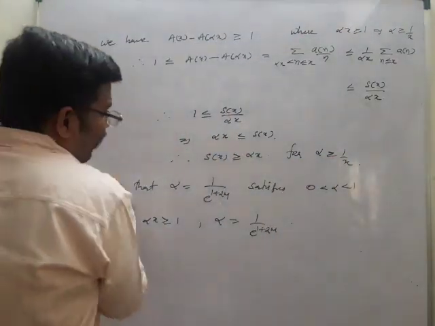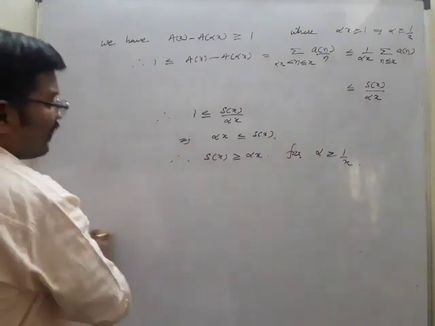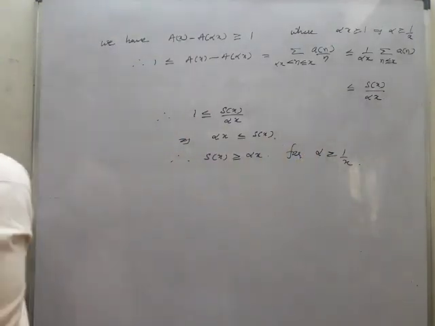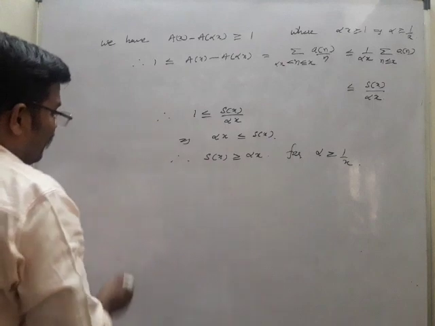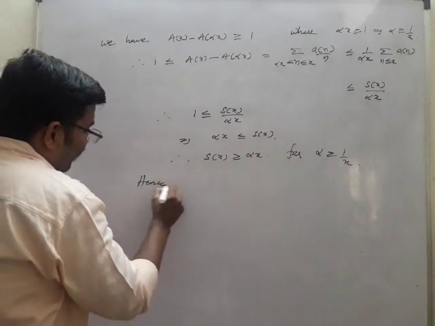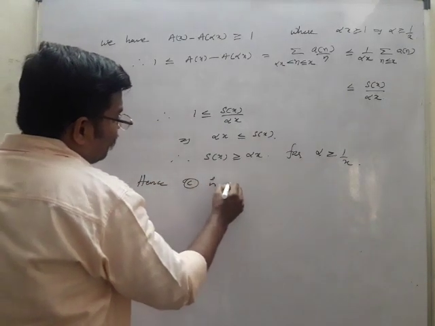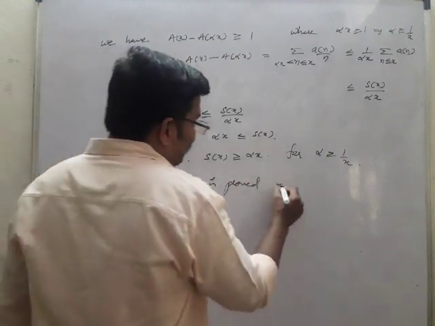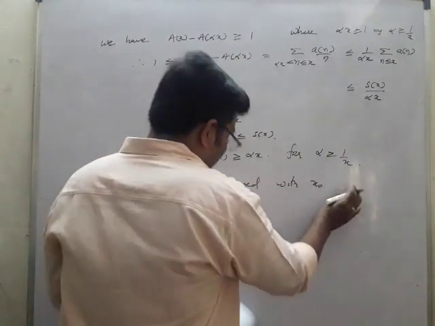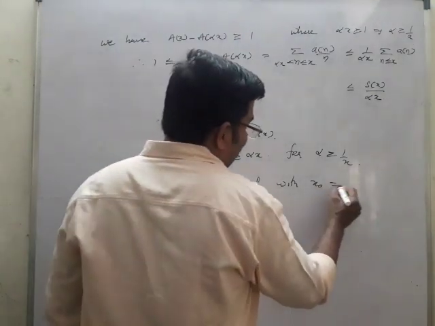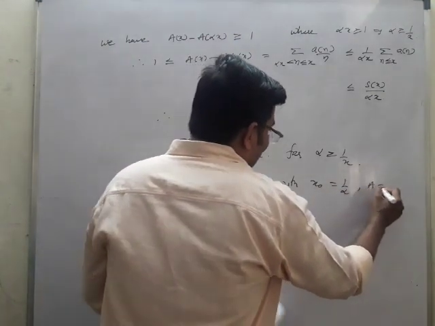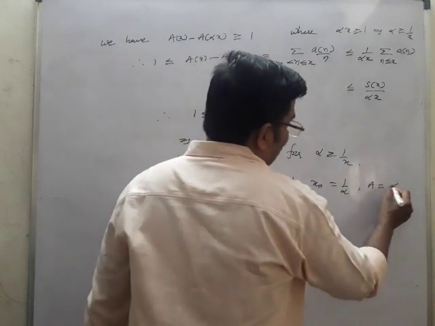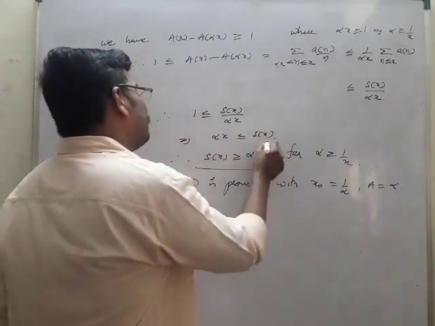So s of x is greater than or equal to alpha x for alpha greater than or equal to 1 by x. Hence C is proved, with x naught equal to 1 by alpha and a equal to alpha.